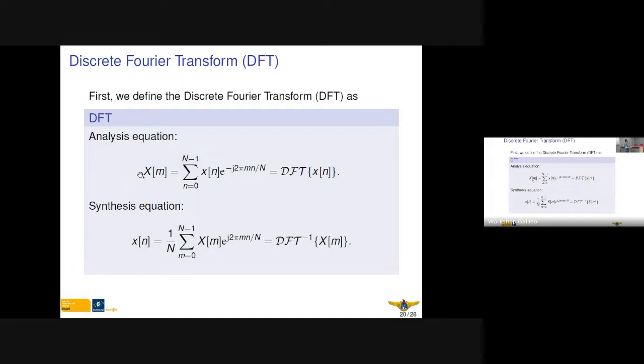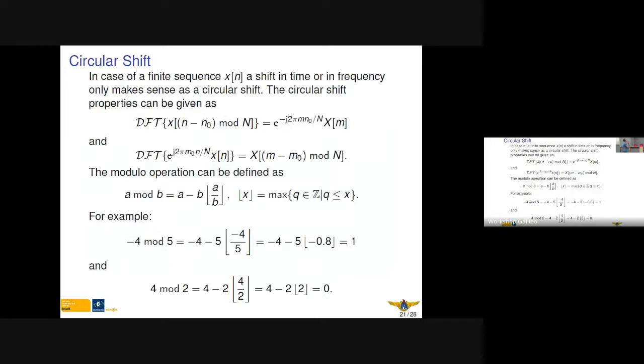The frequency representation is X of m, and the synthesis equation is the inverse discrete Fourier transform of X of m, and we arrive back at x of n. Now, if we apply a circular shift in the case of a finite sequence x of n, a shift in time or in frequency only makes sense as a circular shift. This is the difference to the continuous-time Fourier transform.